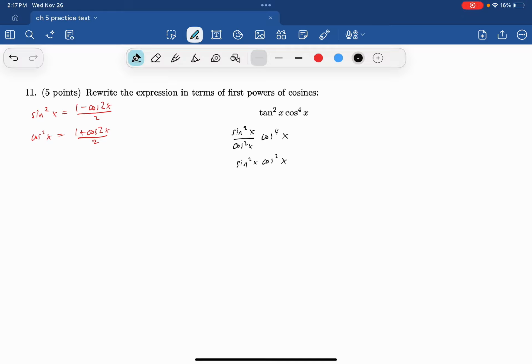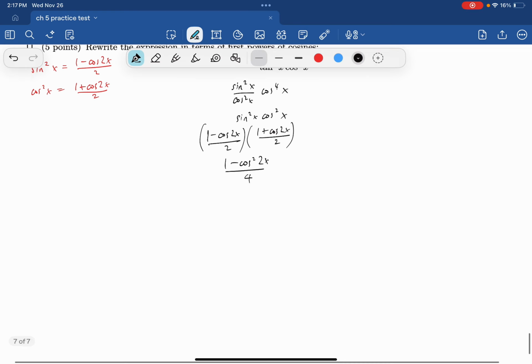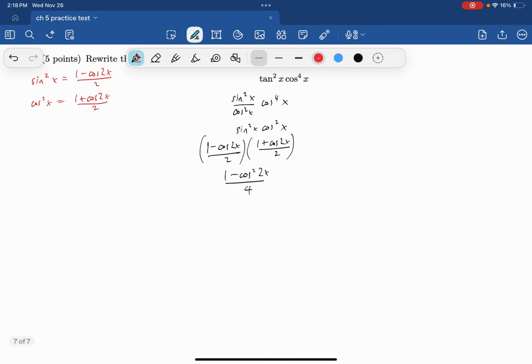That will leave us with, okay? And then we can plug in another power reduction formula, simply in this case with the 2x replacing the x. In other words, cosine squared of 2x is equal to 1 plus cosine 4x over 2.